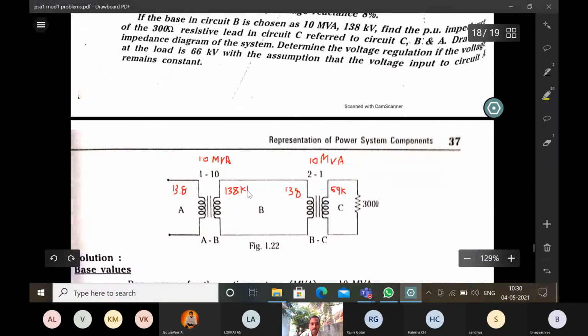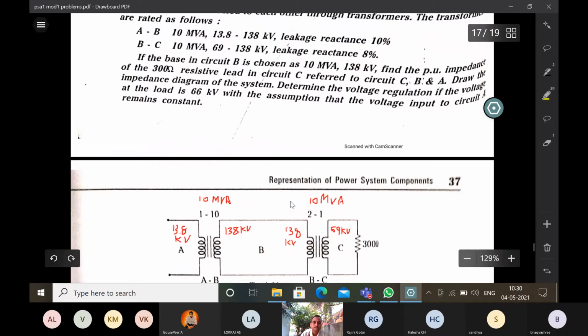So all are in kVs, right? Are you following? Is it visible and audible to everyone? Yes, sir, visible and audible.